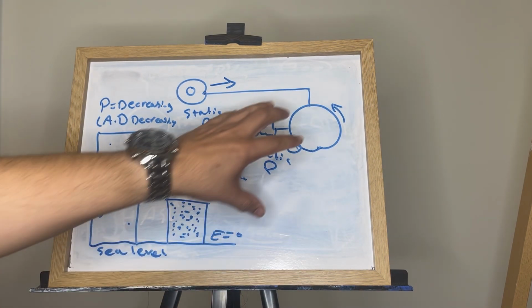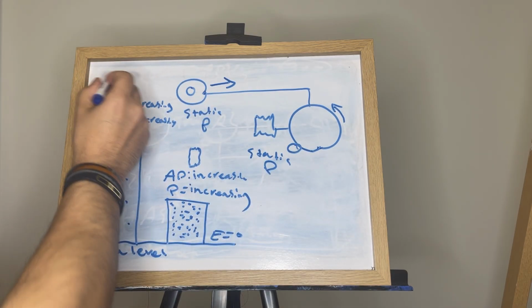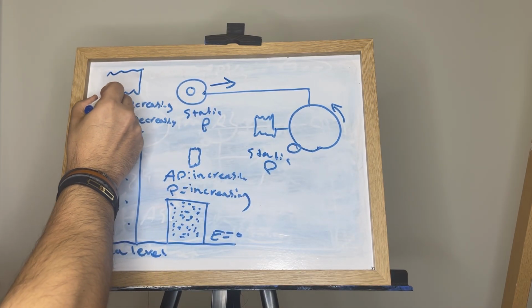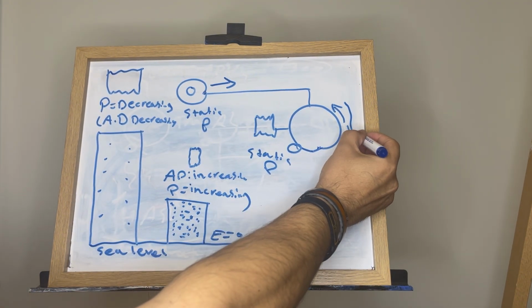And when the altimeter is located at a higher altitude, due to the pressure decreasing, the aneroid capsule expands like this, and the altimeter shows an increase.